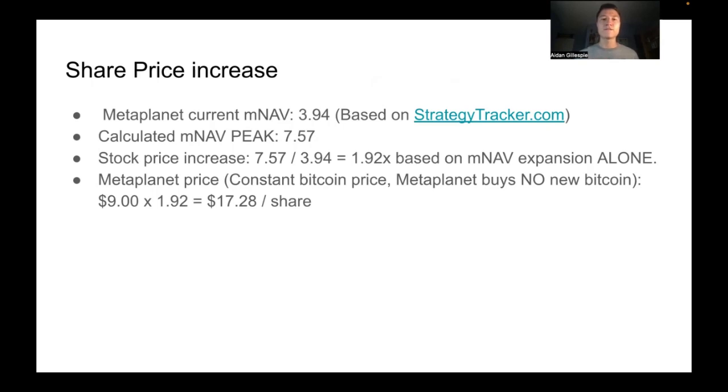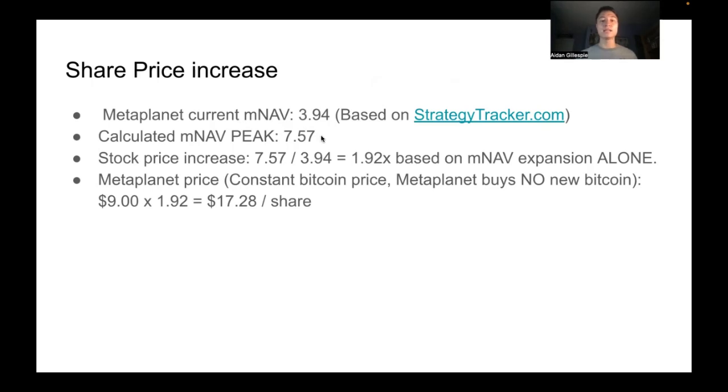And if I'm using this higher MNAV, rather than the lower MNAV on Metaplanet's website directly, it will get me a more conservative price target. I like to err on the side of caution and go a little bit more conservative when I can. So that's why I'll use the slightly higher MNAV based on the data at strategytracker.com.